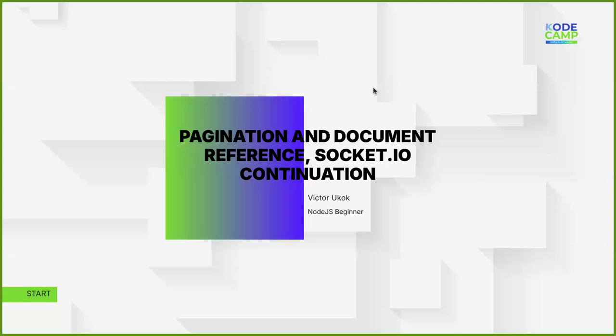Then, talking about document reference. Let's use our example. We have a list of users, then we have a list of products, and every product has an owner ID. But you want it in such a way that as you're fetching the products, the product should also come with the user's detail.